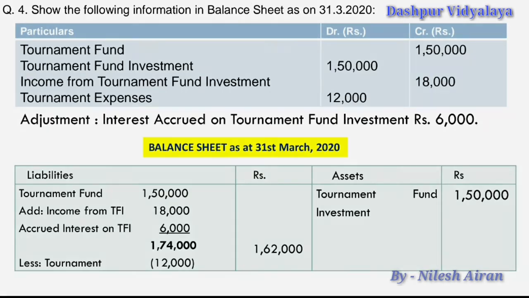See the next question here. In this particular question, we are given tournament fund rupees 1,50,000, tournament fund investment account 10,000, income from tournament fund investment 18,000, and then we are given tournament expenses.